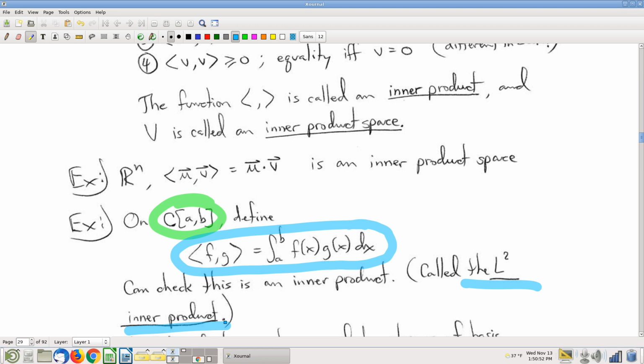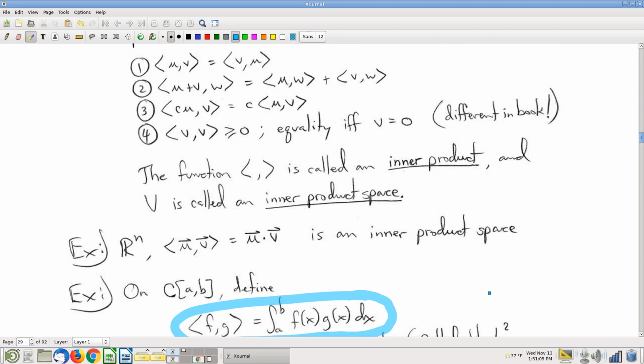Okay, pause for questions. Okay. I want y'all to prove that this is, in fact, an inner product. This is not so hard to do. Again, all you have to do is prove these four properties. The first three of these properties are very straightforward. It's very kind of plug and chug. So definitely do those.